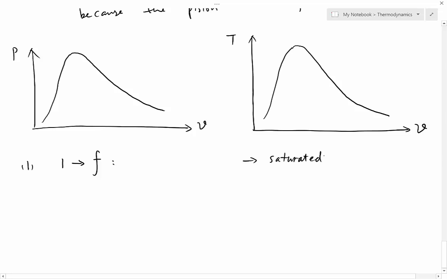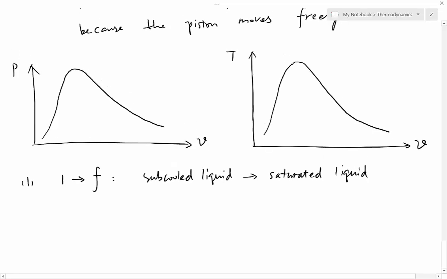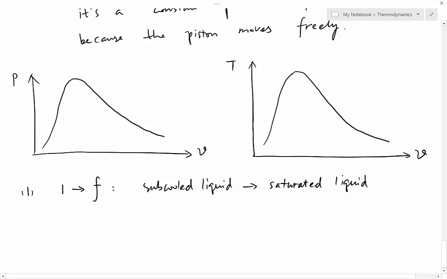It's saturated liquid, meaning it's the moment when liquid starts to vaporize. What do we call tap water, number one? It's called subcooled liquid. So that's 1 to F, that's the first step.